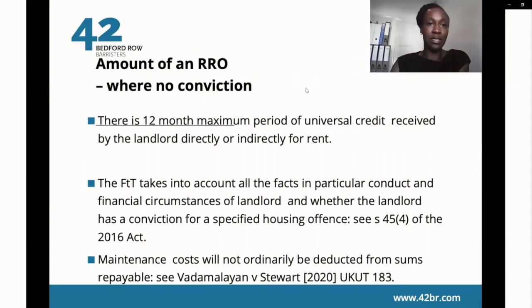And what that says is that the first tier tribunal can make an order for all of the rent paid to the landlord by the local housing authority in respect of universal credit up to a maximum of 12 months rent. And so the difference here in relation to whether the landlord has been convicted or not is that if they're not convicted or have to pay that financial penalty, then this is discretionary.